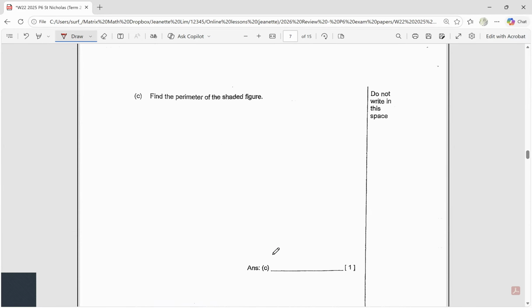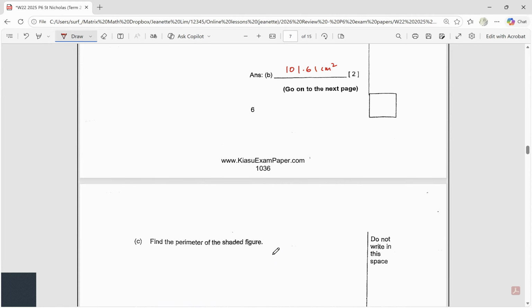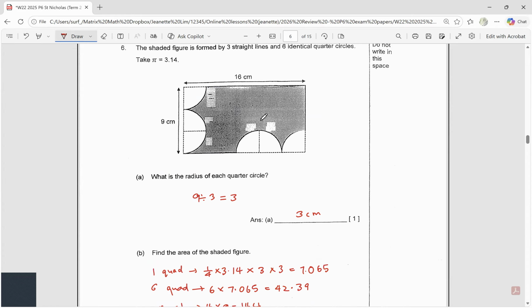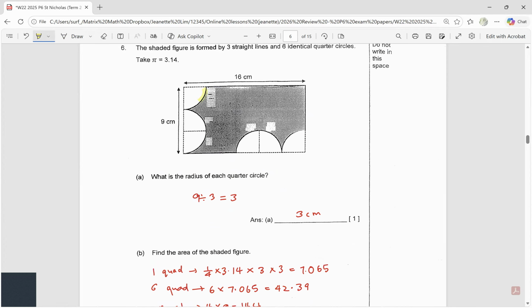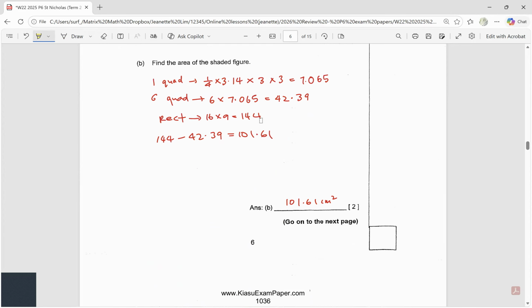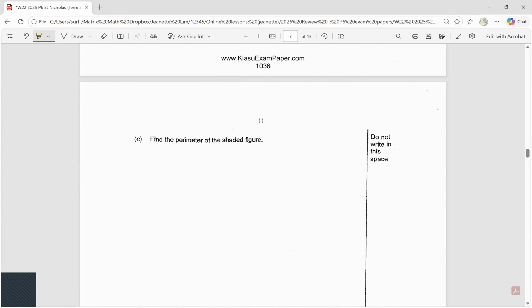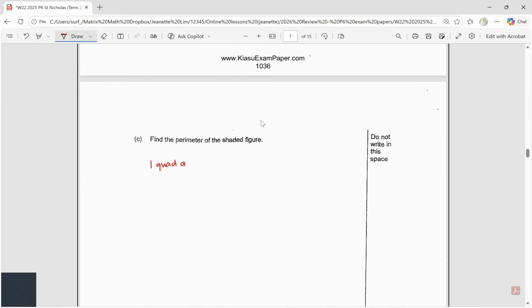For the question on the perimeter of the shaded figure, let's talk about the quadrants, 1, 2, 3, 4, 5, 6. For 1 quadrant arc, it's one quarter times pi, which is 3.14, times diameter.